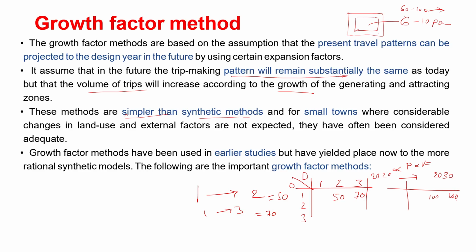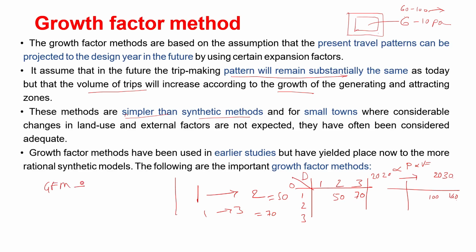The growth factor method was used in earlier studies, but has yielded place now to the more rational synthetic methods, because of what we have seen in the last few decades, the random growth in the traffic pattern. In general, the growth factor method is a very simple method of trip distribution.